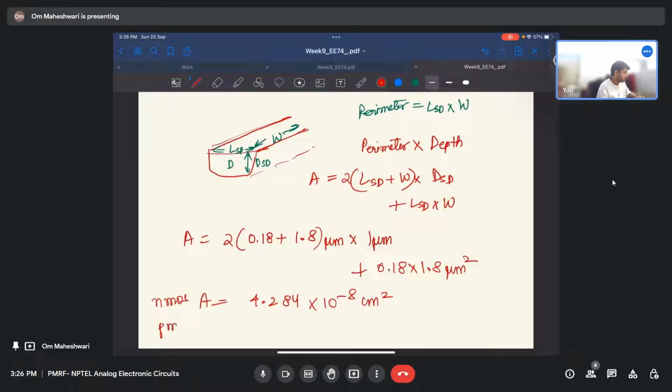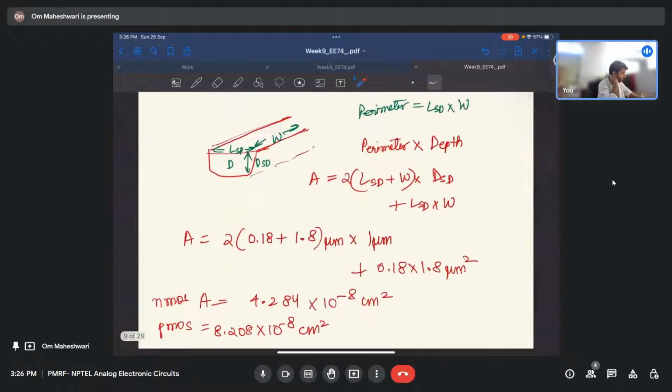For PMOS, it will be only 2 times of this, 8.568 into 10 to the minus 8 centimeter square. So for PMOS, we just have to change this with 2 times. Here it is 1.8, in PMOS it was 3.6. So this will be the area for PMOS.